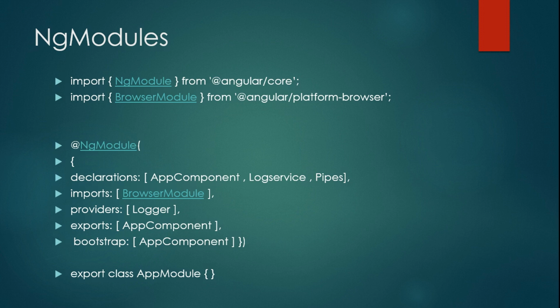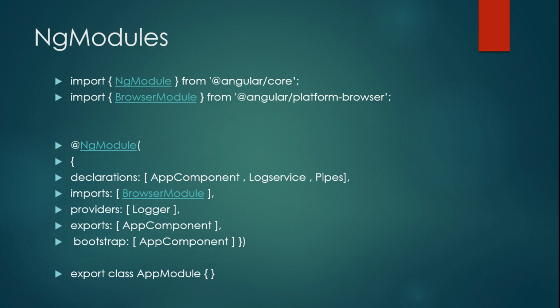Then imports. The NgModule imports the Angular framework libraries which are needed by the components defined in the scope of this NgModule. Those are declared under the metadata property of imports, so that the components in that NgModule container can use those modules or parts of those modules.